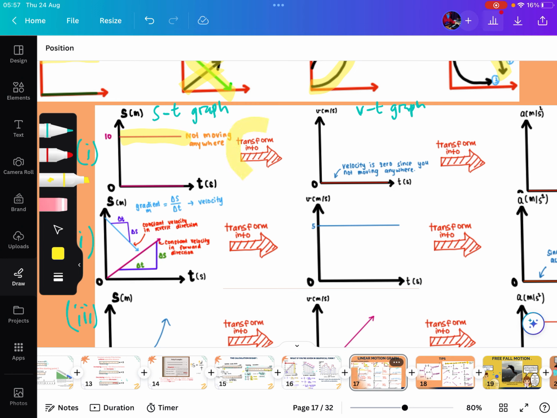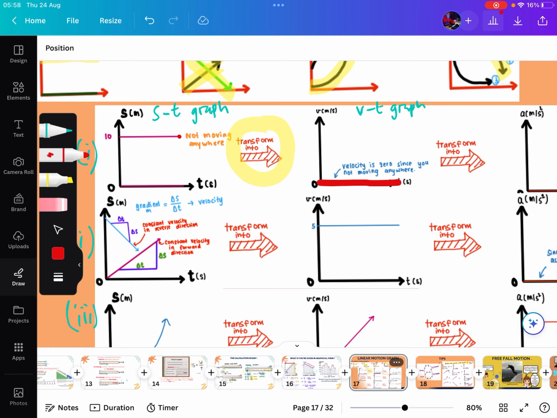So this is transformation of graphs: from ST you transform into VT. When you transform a flat line for the ST graph, you will have something like this. Why? Because a flat line in an ST graph indicates that the object is not moving, because over time, from t equals 0 to t equals t, it is at the same position, s equals 10.